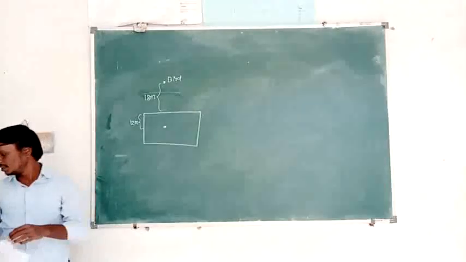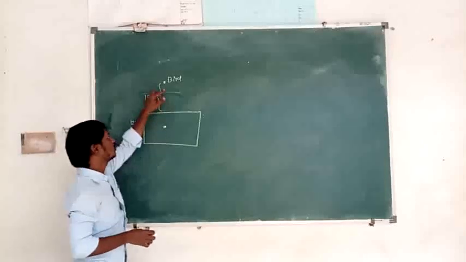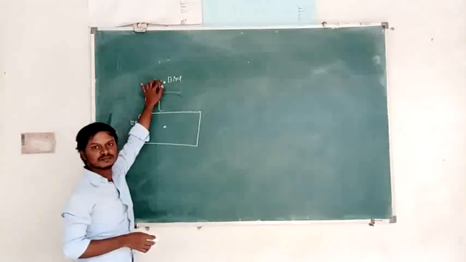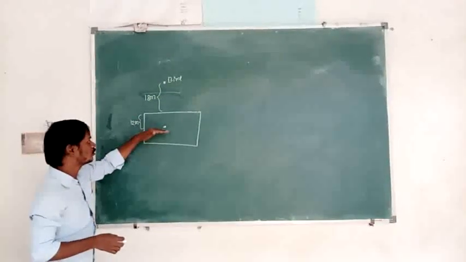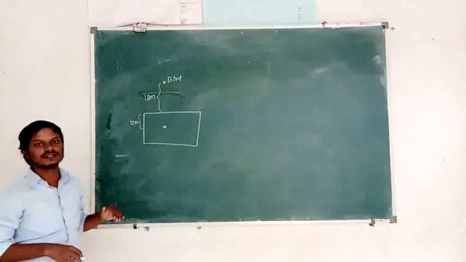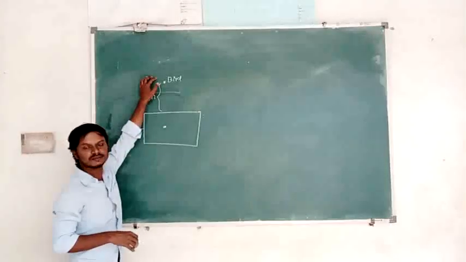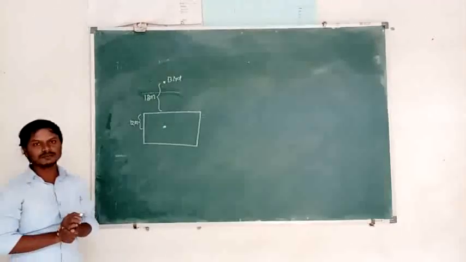See here, where is the observer? The observer is in the denser medium and the object is in the rarer medium. So who is observing the bird here? The observer who is in the denser medium, that is in water. The bird is in the air medium. Then what is the formula to find the apparent depth here?